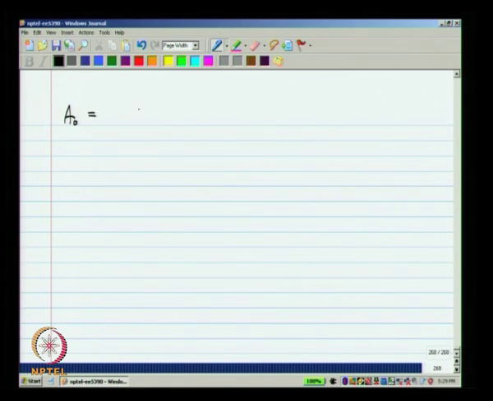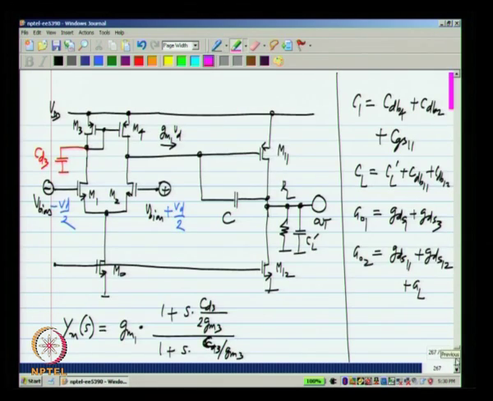The DC gain is the product of the DC gains of the 2 stages, which is GM1 by GDS1 plus GDS3 times GM11. Remember, GM11 is GM2. I will write that down as well.